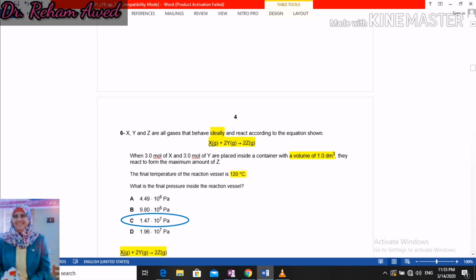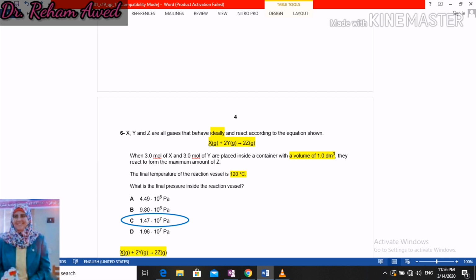When 3 moles of X and 3 moles of Y are placed in a container with a volume of 1 decimeter cubed, they react to form a maximum amount of Z. The final temperature of the reaction is 120 Celsius. What is the final pressure inside the reaction vessel?